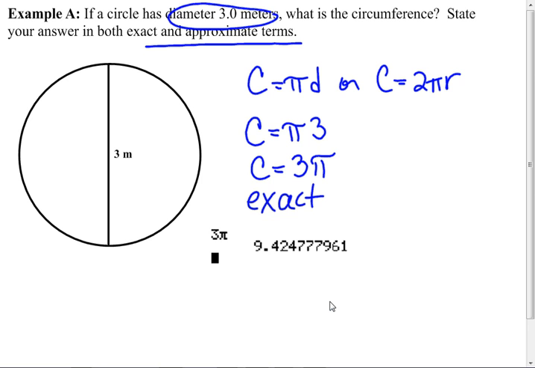Now, how many places should we write? We should get ready for calculus. 3. And we don't care if we round or if we just chop off the end. Okay, so 3 pi is approximately 9.424, or you could use 9.425.